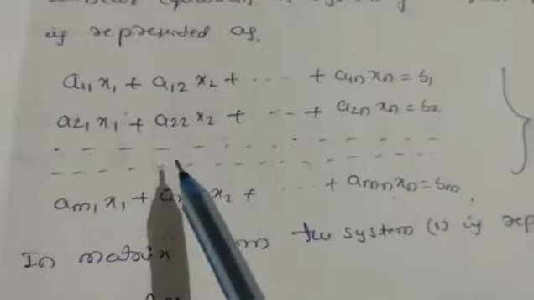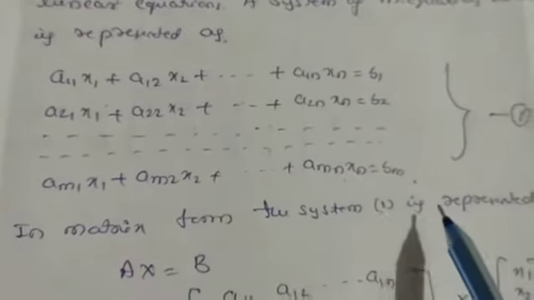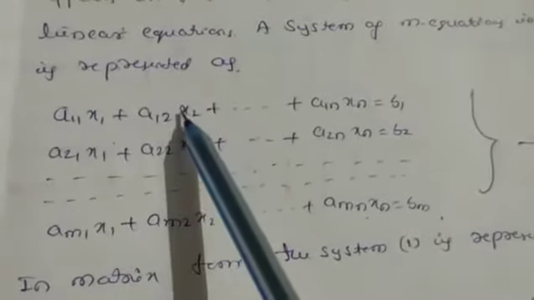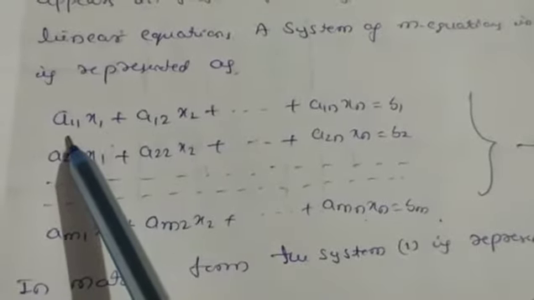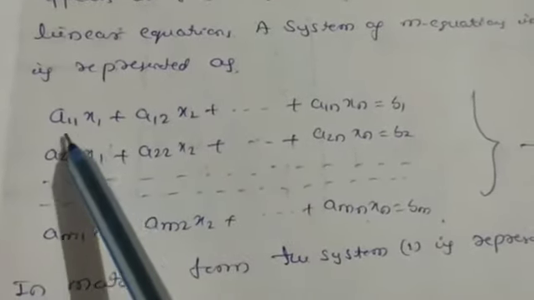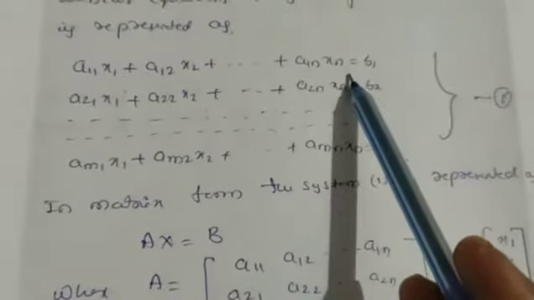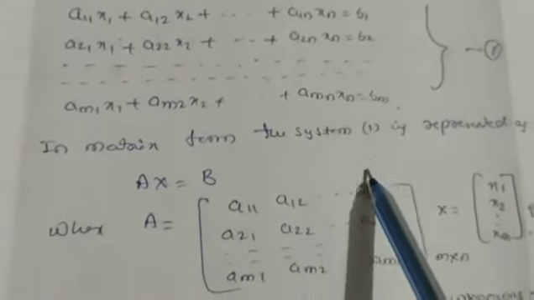If you write this system of equations in matrix form, then we can write it as Ax equals b, where A is the coefficient matrix. So here you have to write all the coefficients: a11, a12, a13, these are the coefficients of unknowns x1, x2, etc. up to xn.